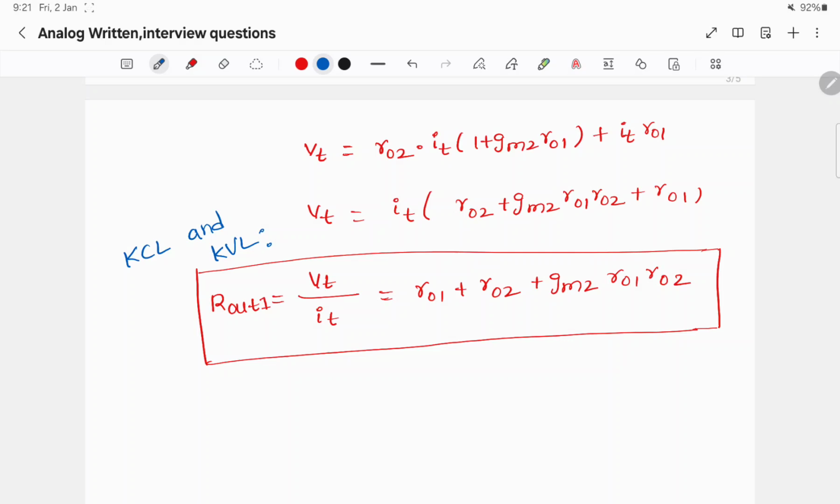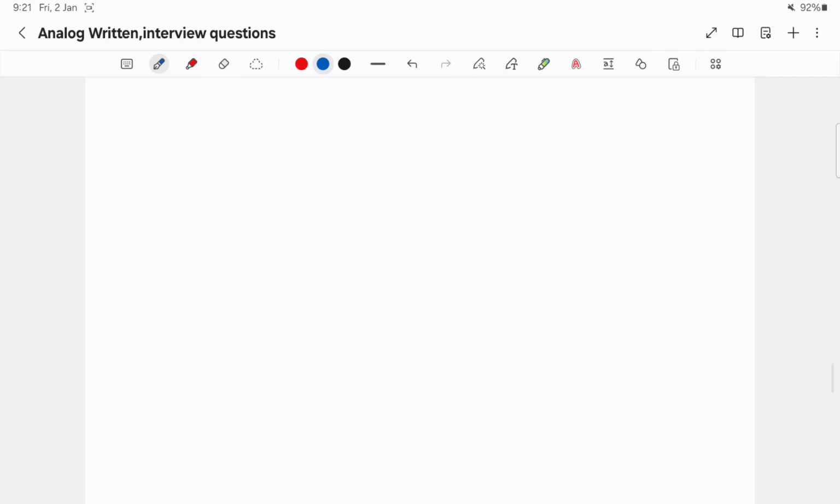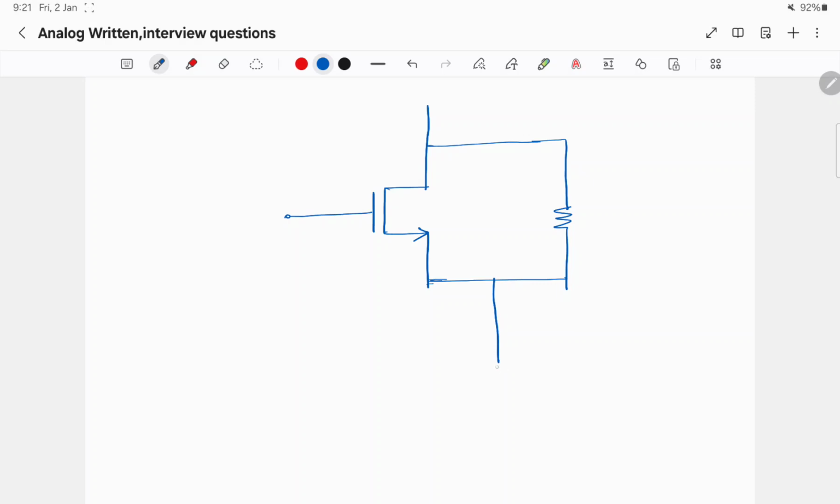But now we will see the intuition behind it, how we get this result without any KCL or KVL. This is ro1, this is ro2, this is the M2 transistor.